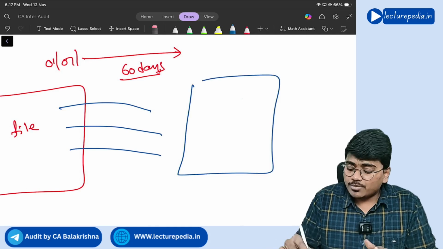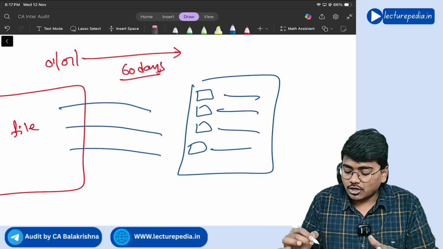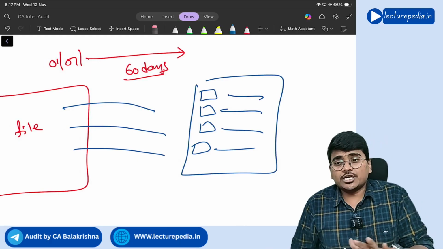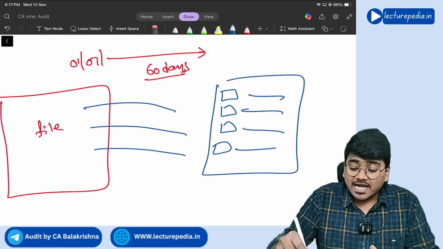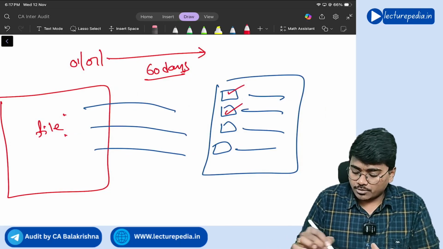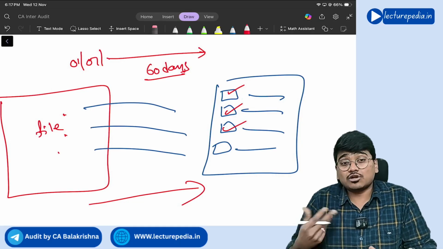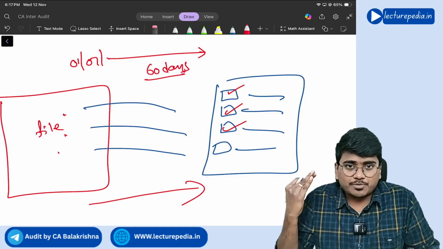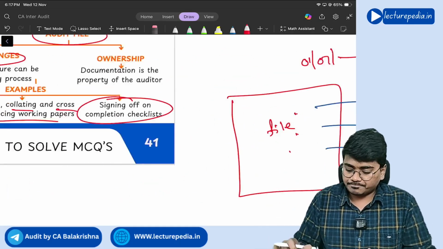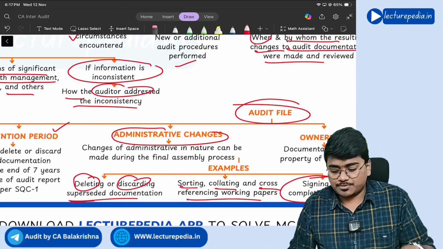For this, there will be a checklist of what documentation should be included in the audit file. Now, signing of this checklist, that means checking whether this document is there, whether this document is there, whether this document is there. That can be done even after 60 days also. That is also an administrative aspect. Understanding? Yes. Those are some of the examples of administrative aspects.